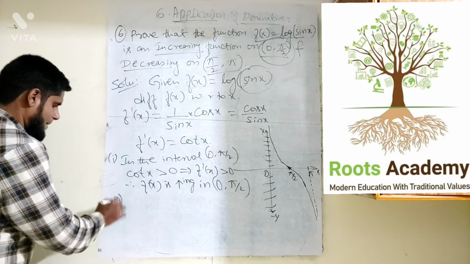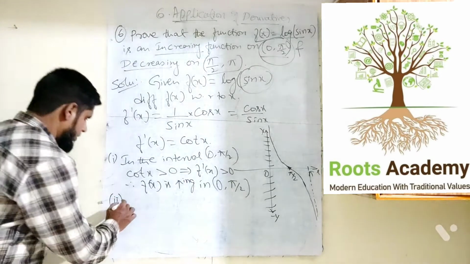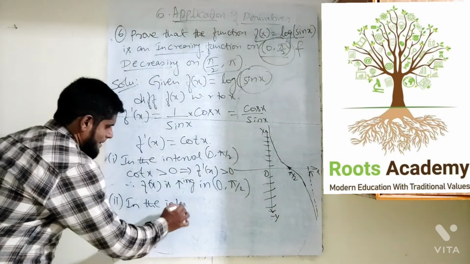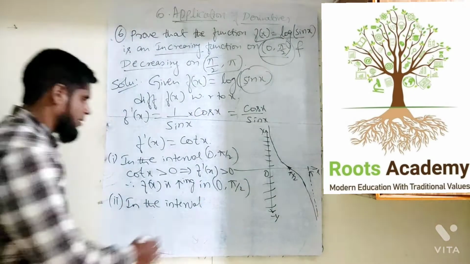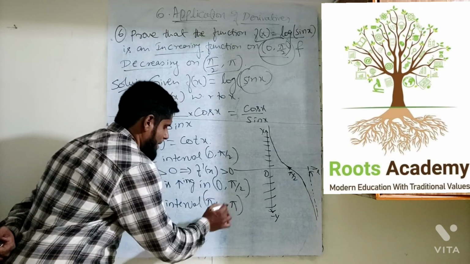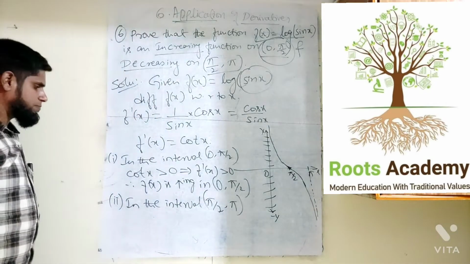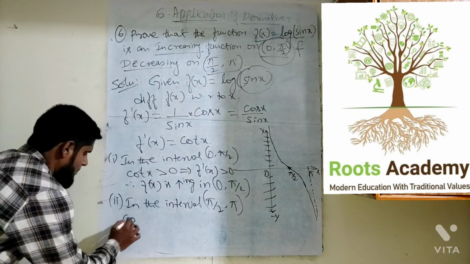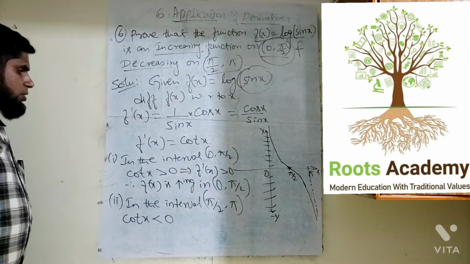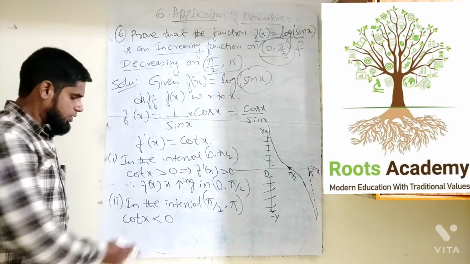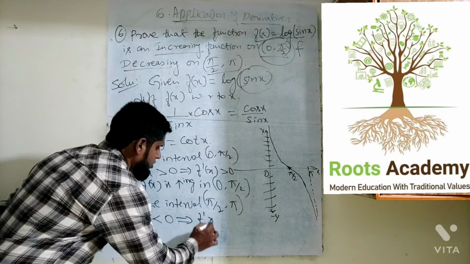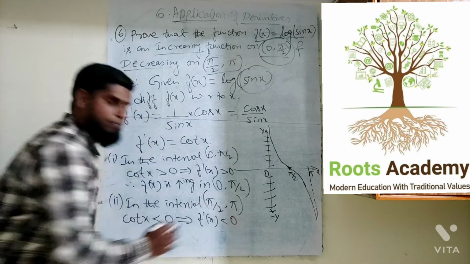Second case, in the interval pi by 2, pi, cot x is less than 0, giving negative values, which means our f dash of x is less than 0.